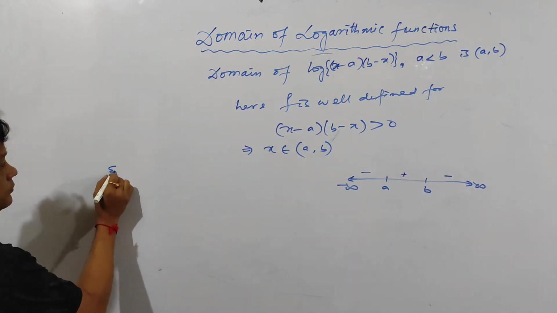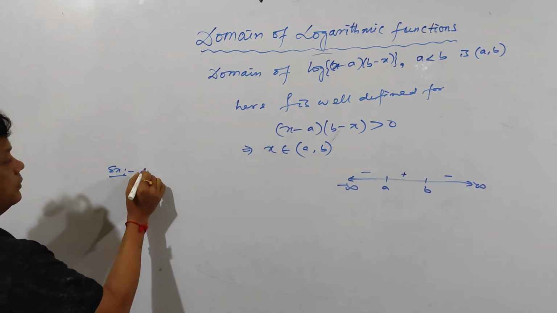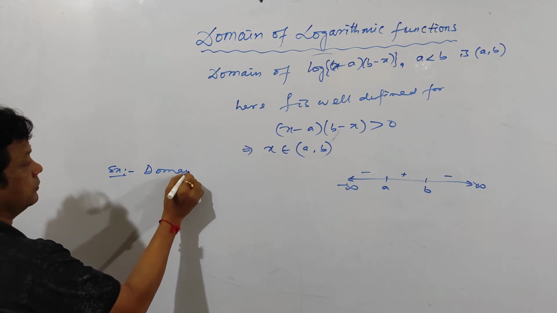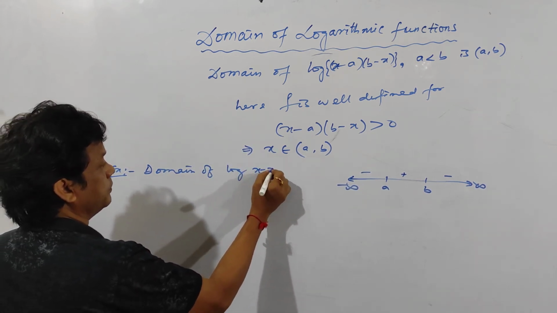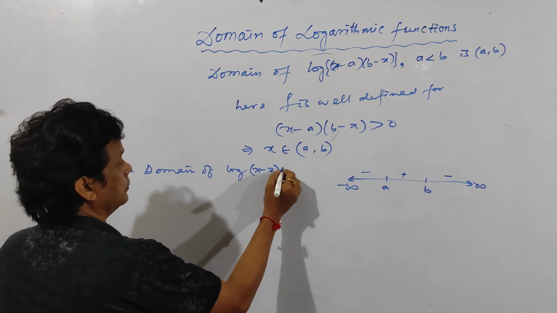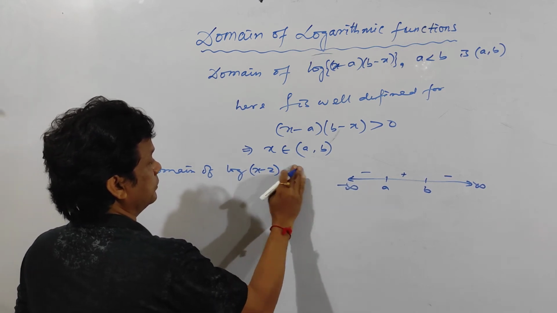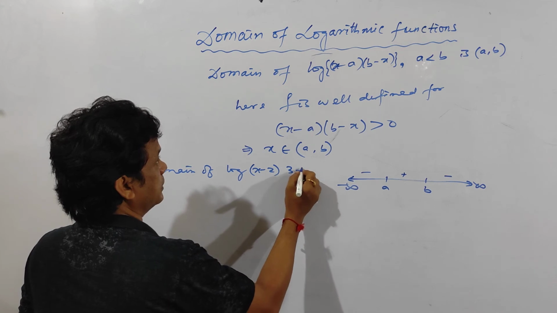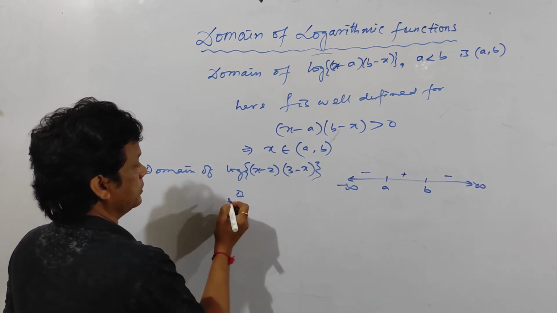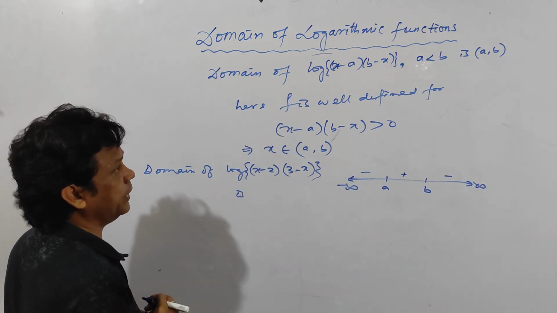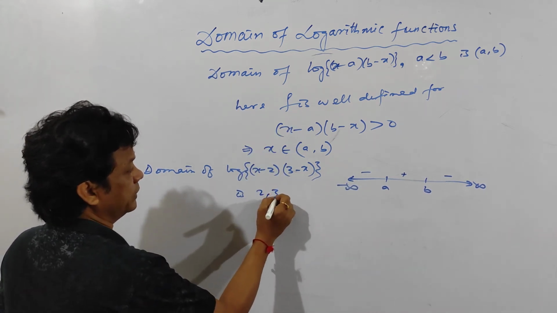I am giving some examples. The domain of log of x minus 2 into 3 minus x is, I have given you a, b open interval, that means 2, 3 open interval.